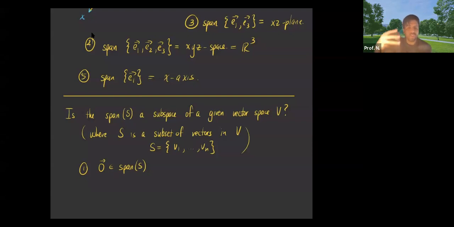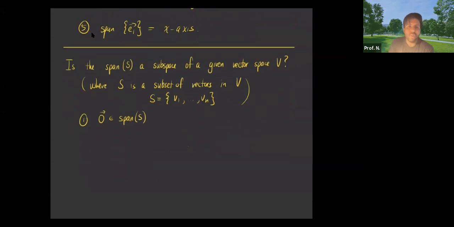We have to consider those three different conditions, correct? So is 0 in the span of S? What would this have to mean? It would mean that if you take vectors C1 V1 plus C2 V2, is there a linear combination that would give me the 0 vector?